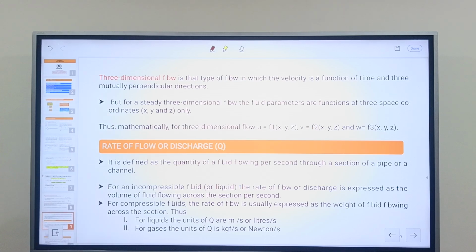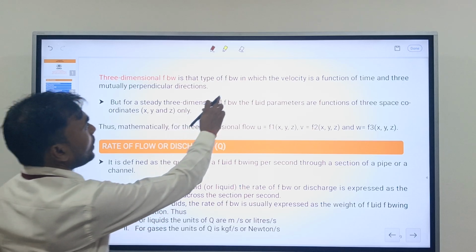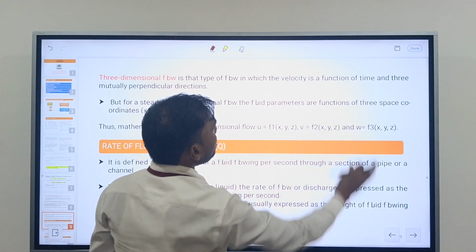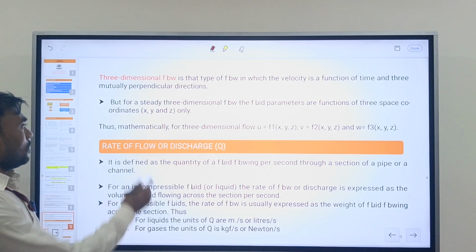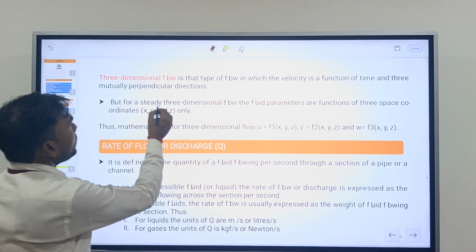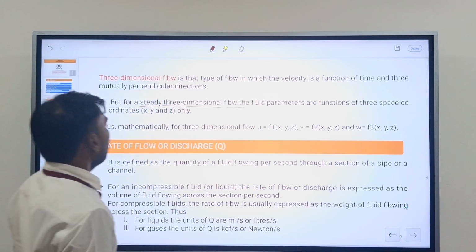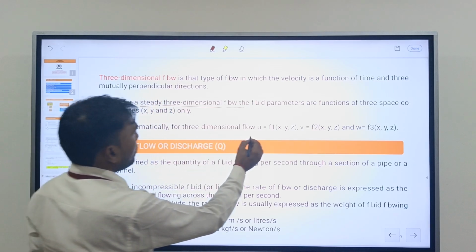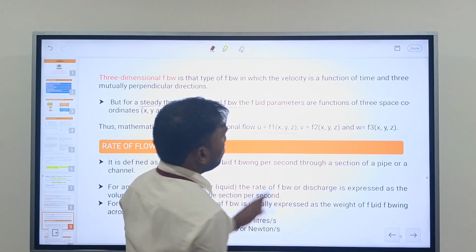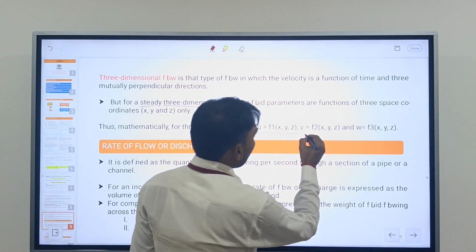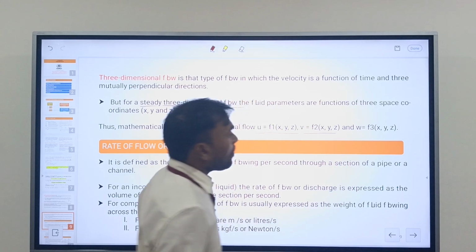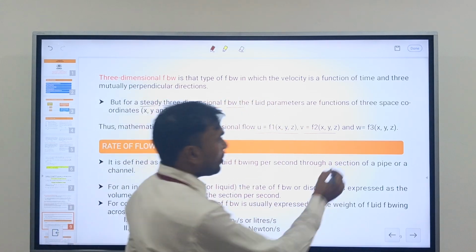Third, a three-dimensional fluid flow is that type of flow in which the velocity is a function of time and three mutually perpendicular directions. Similarly, you can write it as u is a function of three space coordinates x, y and z. Similarly, v is a function of x, y and z, and w is a function of x, y, z.